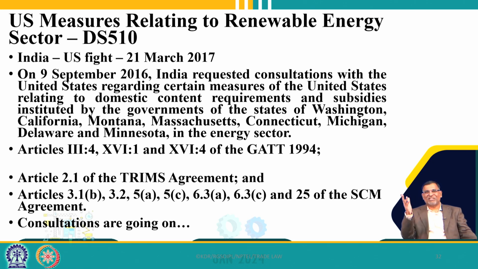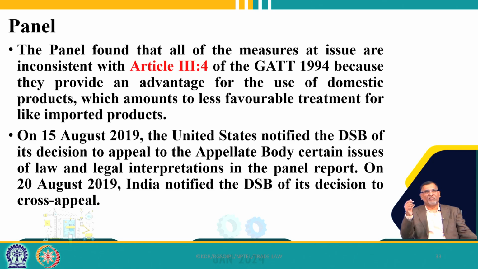These states are providing subsidies in the solar program, and India filed a dispute in the WTO alleging violations of Article 3.4, Article 16.1, 16.4 and other provisions of the subsidies agreement and Article 2.1 of the TRIPS provisions.